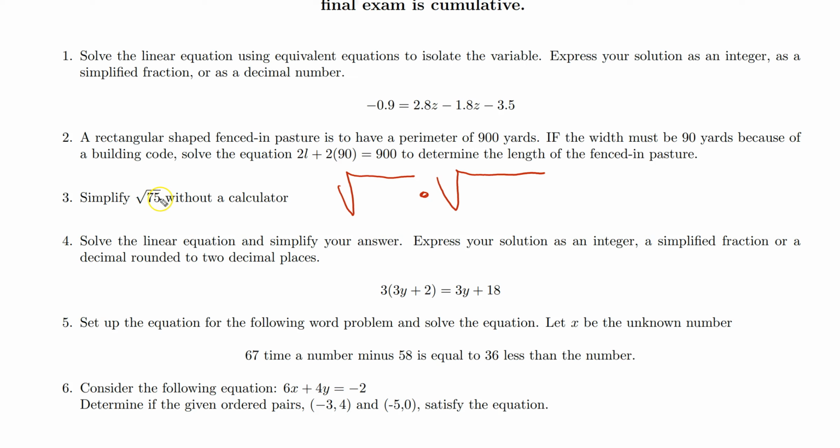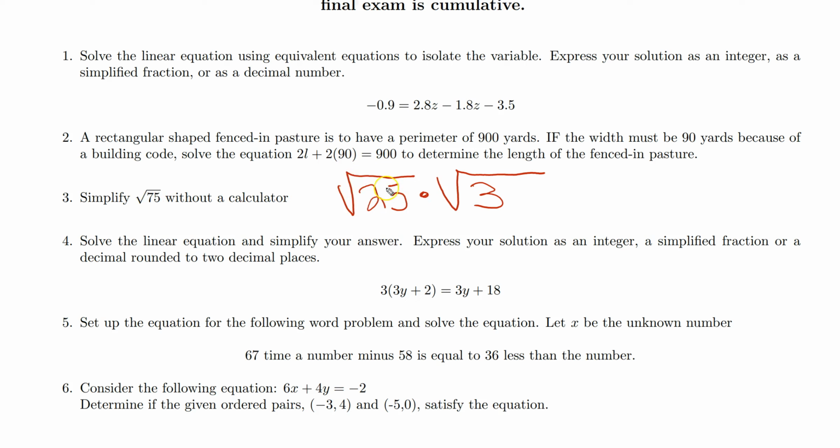So as we look at this, can you see 25 times 3? When you do this multiplication, you get the square root of 75.